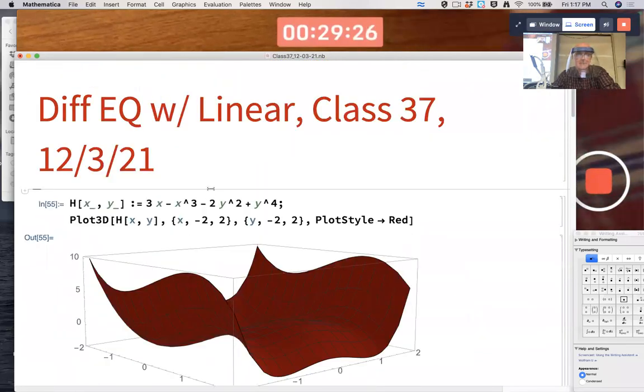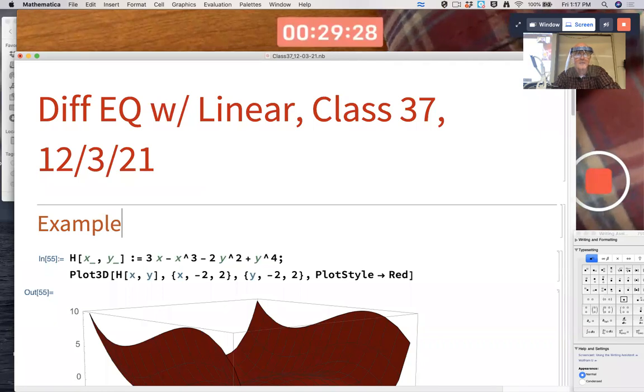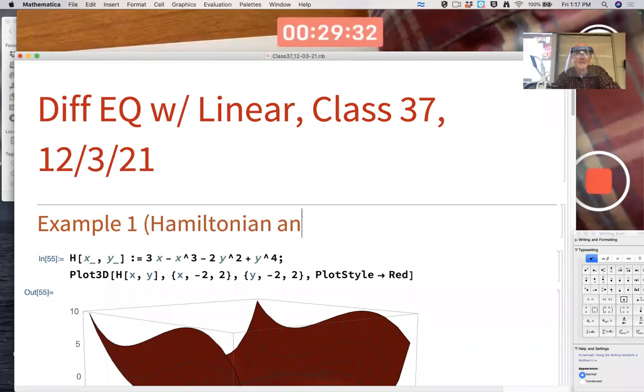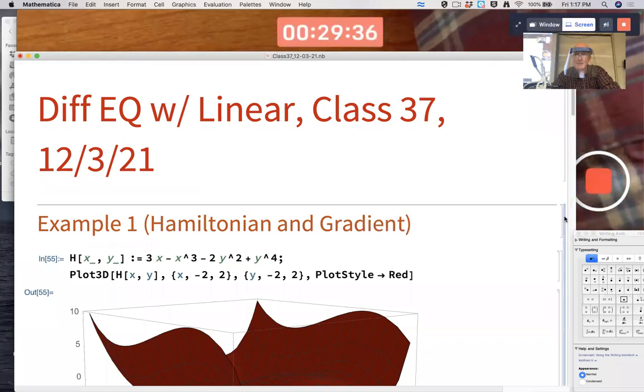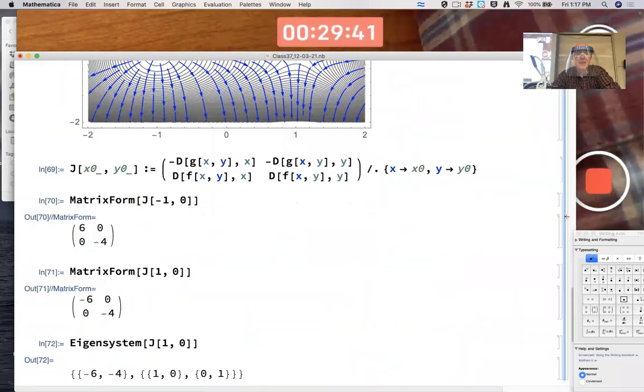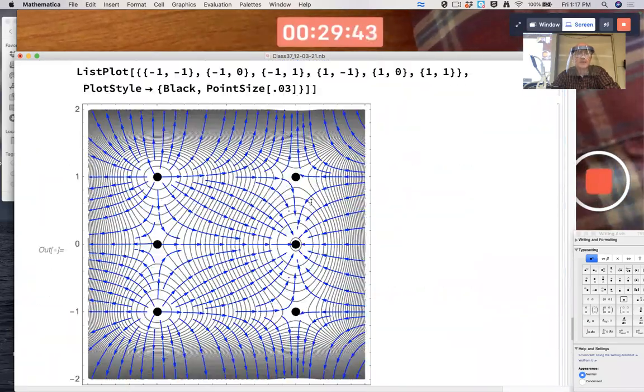So this will be example 1 here. Hamiltonian and gradient. Example 2. Let's change the Hamiltonian function slightly for the Hamiltonian version.